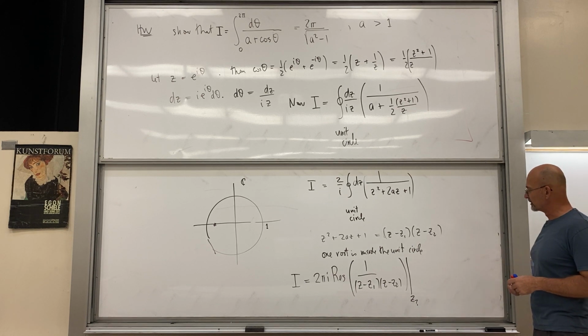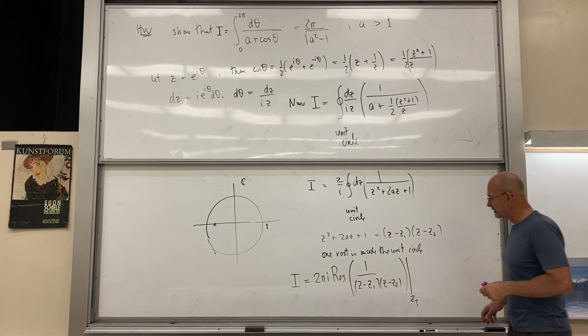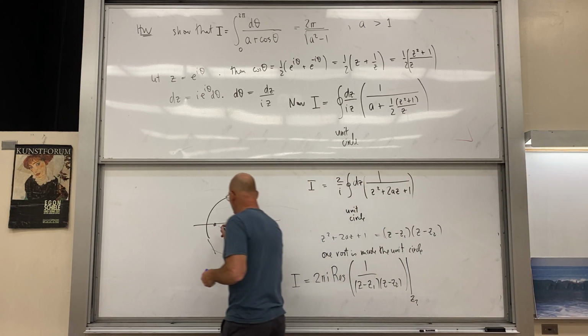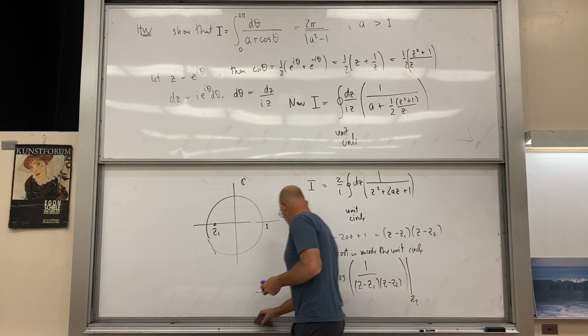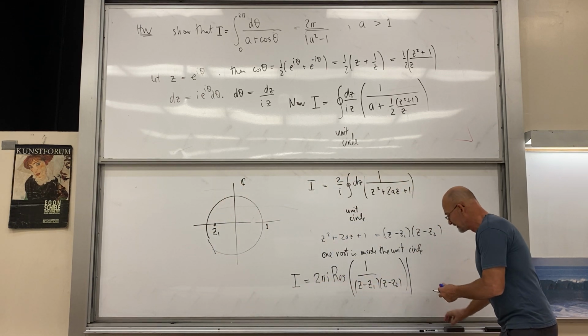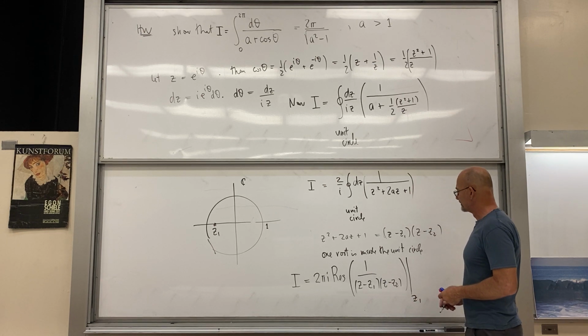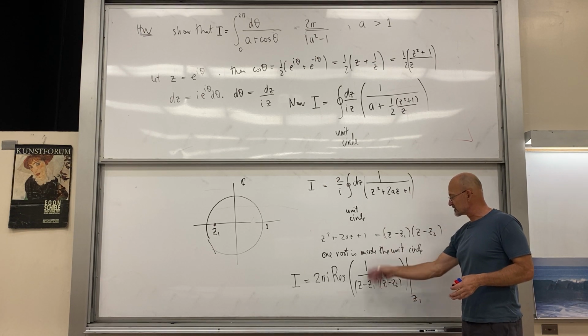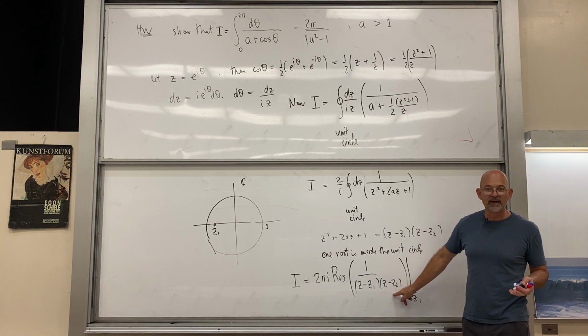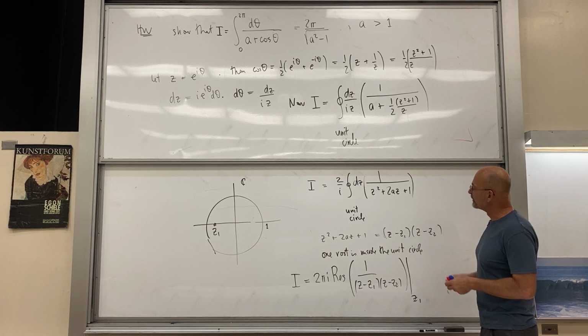Z sub 1 or z sub 2. In fact, why don't we just declare the one that's inside to be z sub 1 so I don't have some ambiguous statement like that. Z sub 1. And of course, simple pole, you just strike that one and evaluate the other one at that point, and it'll come out.